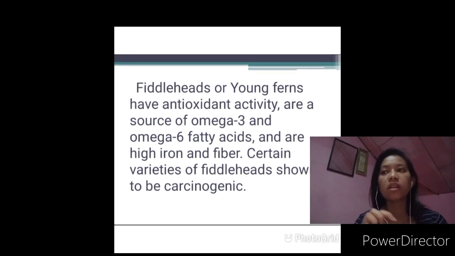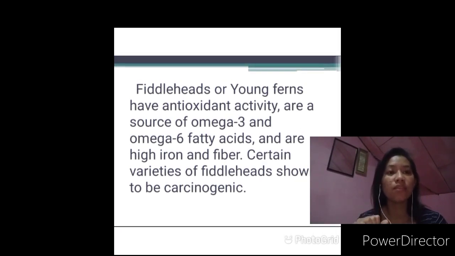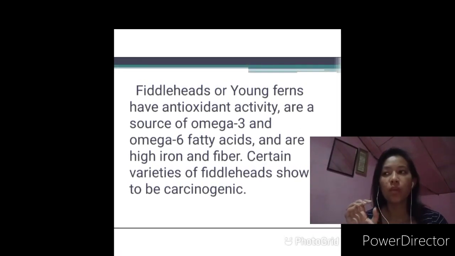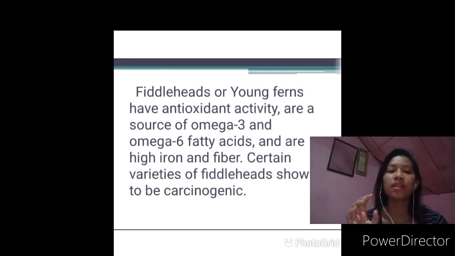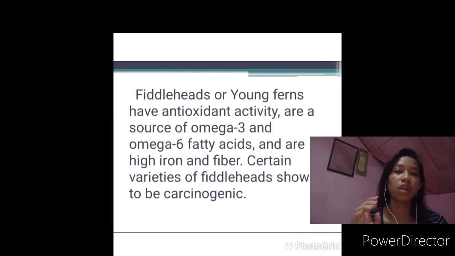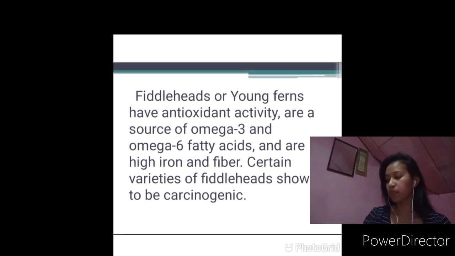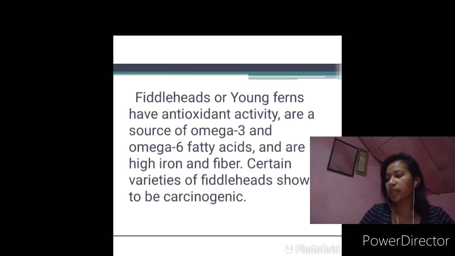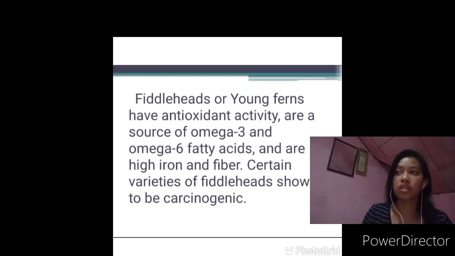If you have noticed, it's under the leaf where, when it gets mature, it turns out to be young fronds or young ferns. So the right answer there is young ferns, letter B.